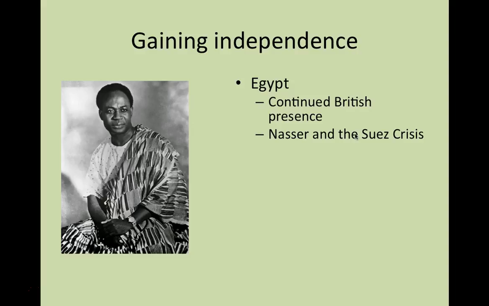It ran right through his country, after all, and he kicked out the British administrators of the canal and declared that it was henceforth going to be the property of Egypt, and that other countries, including Britain, needed to abide by the strictures that the Egyptian government would place. In other words, fees for traveling through the canal and stuff like that.